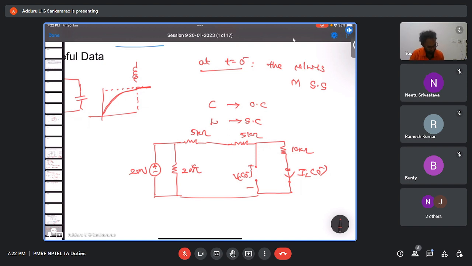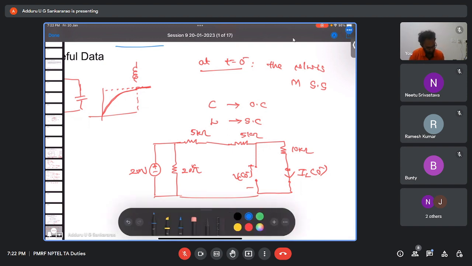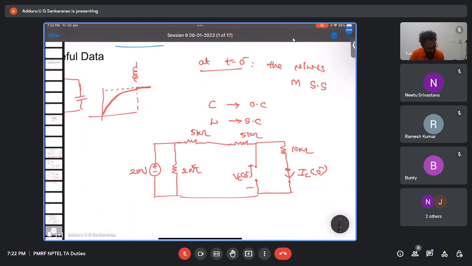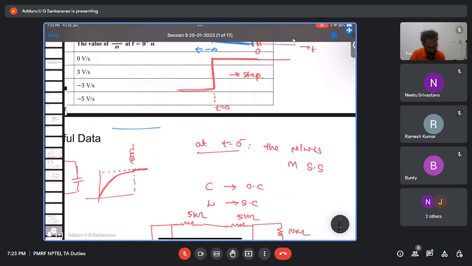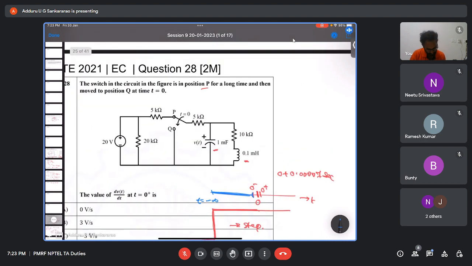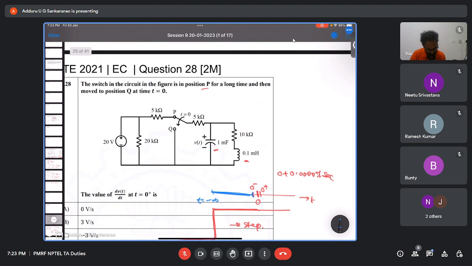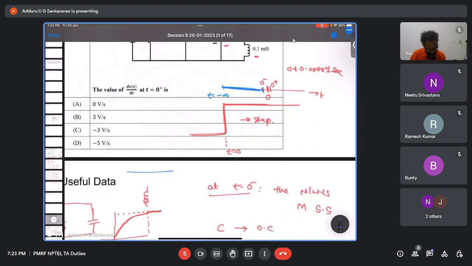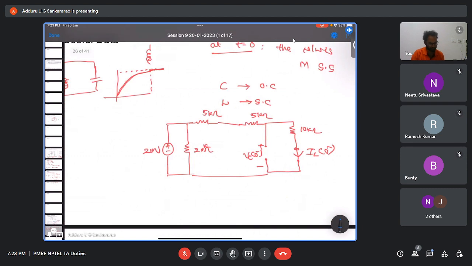Can I convert this into a simplification? So 5k and 5k, this is 10k in series.